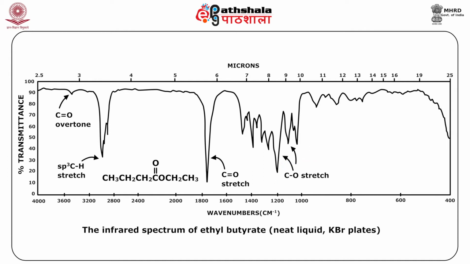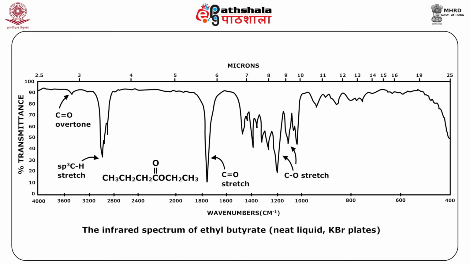If the C=O group is conjugated with a C=C or a phenyl ring, the C=O frequency is shifted to lower frequency due to conjugation. If in an ester the CO oxygen bears electron withdrawing groups such as vinyl, phenyl, etc., then the C=O stretching is shifted to higher values like 1770 cm⁻¹.